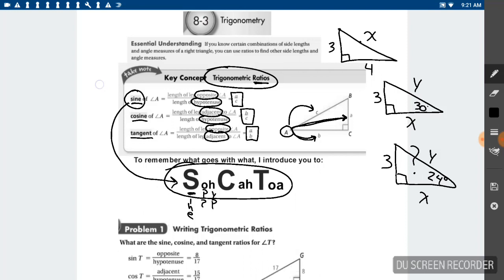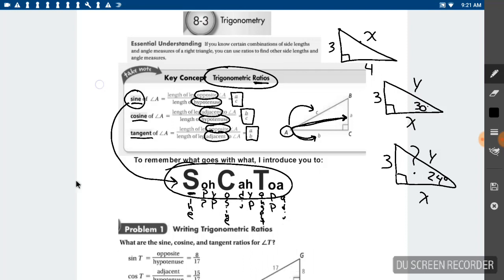The Cah in SohCahToa is the cosine. And the cosine refers to the adjacent, I'm just going to abbreviate it here, over the hypotenuse. And the Toa is the tangent, being referred to as the ratio of the opposite to the adjacent.